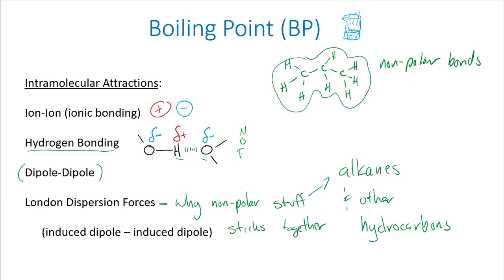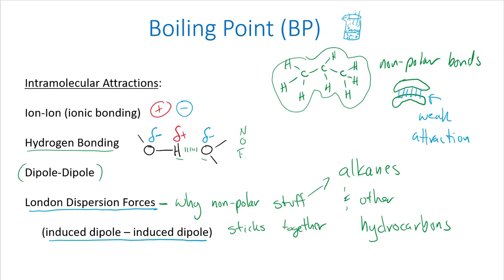So we'll just draw propane like it's a little squiggly, and here's another propane. The attraction between two propanes, which we call either London dispersion forces or the induced-dipole effect, is a fairly weak attraction, at least on an atom-per-atom basis.